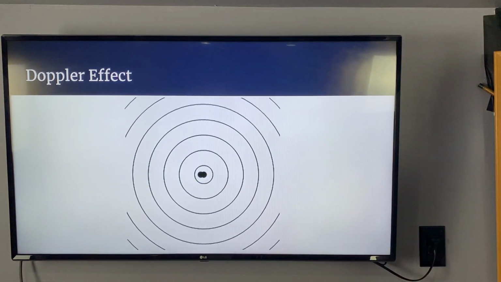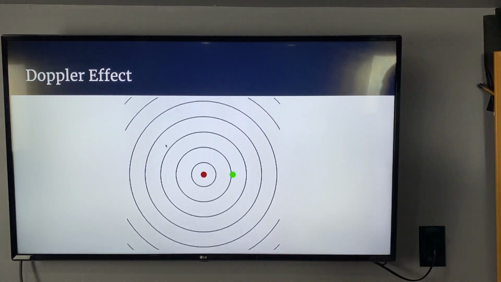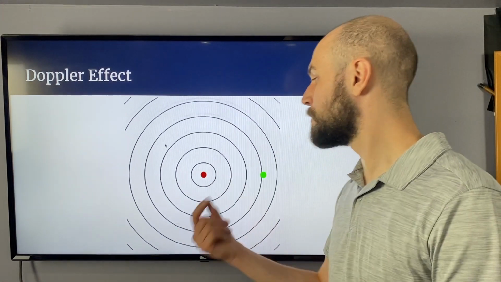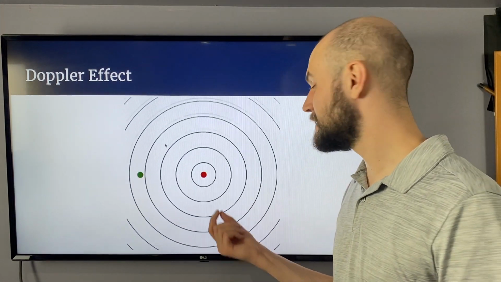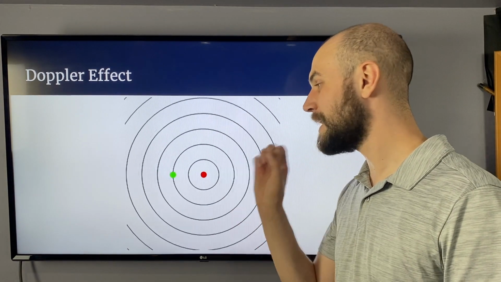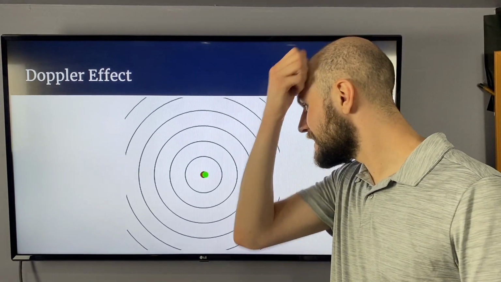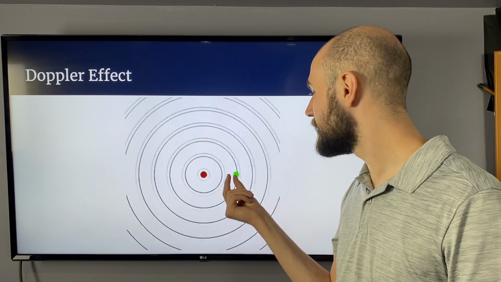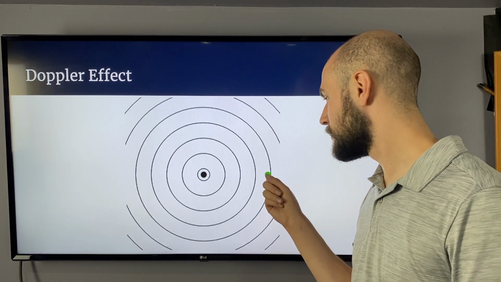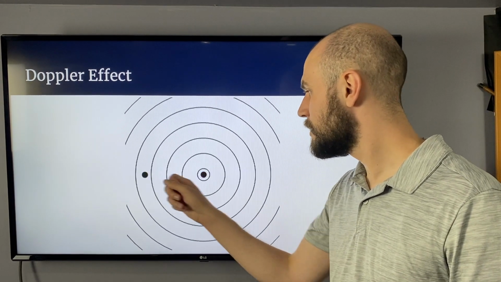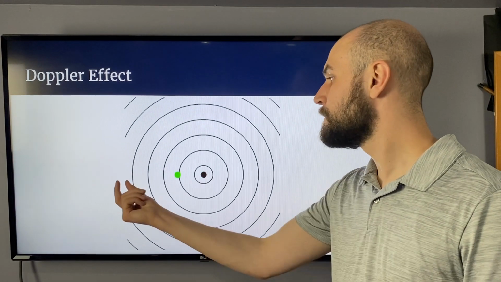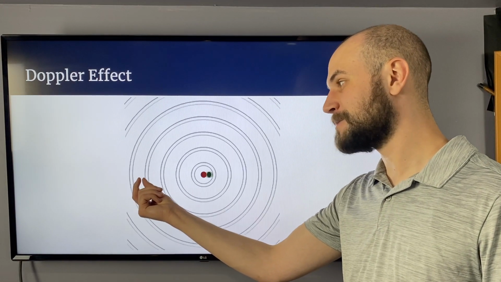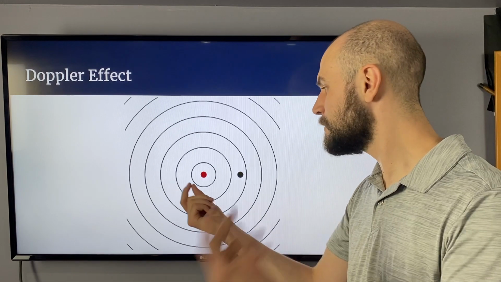Take a look at this diagram here. So in the previous example, in the video and the animation I showed you, we had the source moving. But in this case, the source is stationary and the observer is moving. The green is who's listening to the wave. The red is creating the wave. As the green moves in, it starts experiencing those waves at a higher frequency.